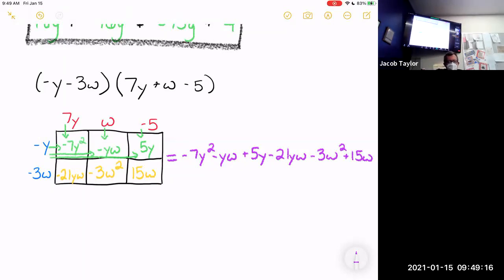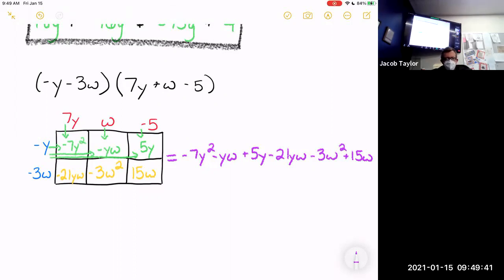That's the stuff that was in the boxes just written out. The order that you write them in is not a big deal. General math convention is start with the biggest exponent and work your way down. So I started with the y squared and then y to the first and then y to the 0th, which is what the ones with the w's are.